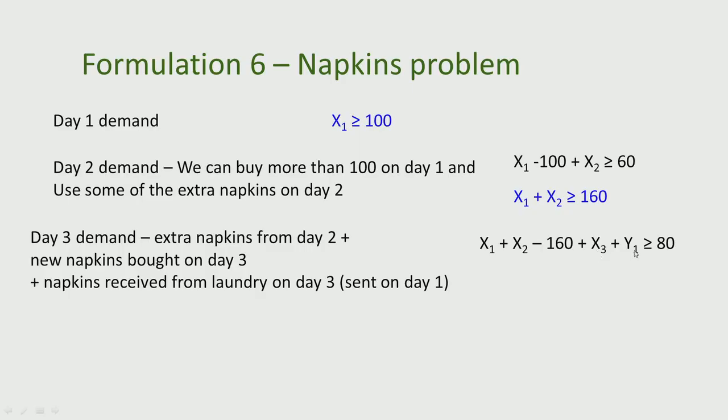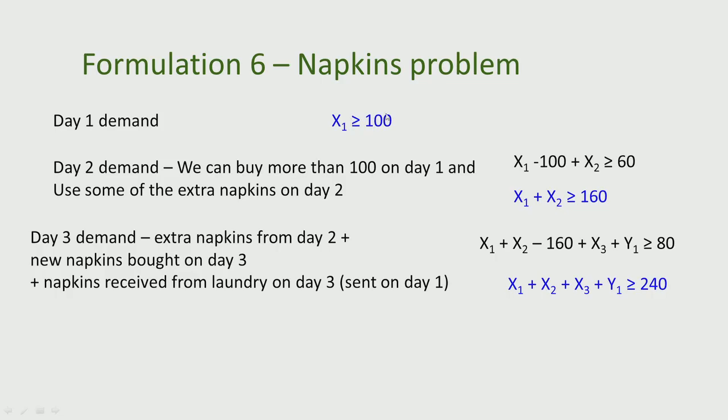So, x1 plus x2 minus 160 plus x3 plus y1 should be greater than or equal to 80, which is the demand for day 3. Now, this is again simplified, and the 160 is taken to the other side of the inequality to give us x1 plus x2 plus x3 plus y1 greater than or equal to 240.